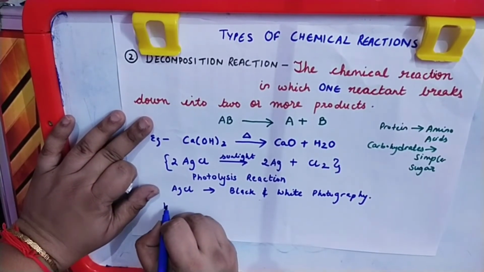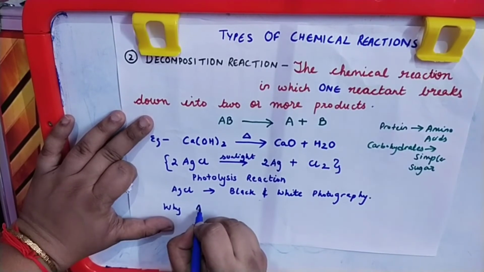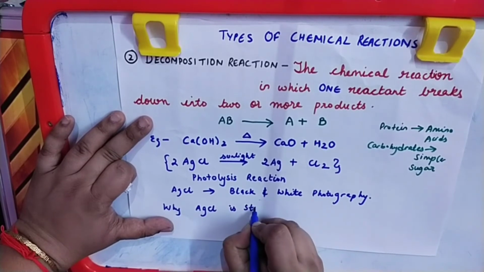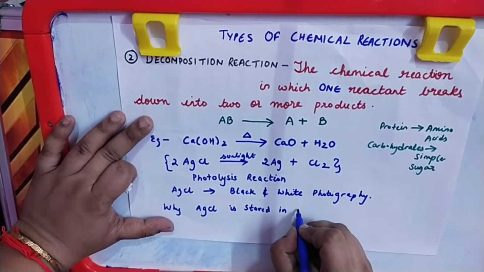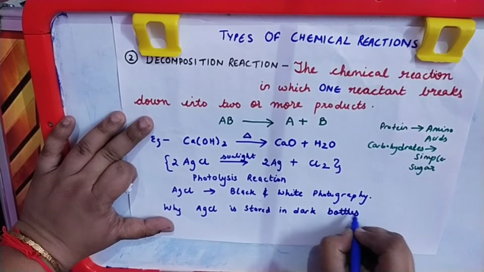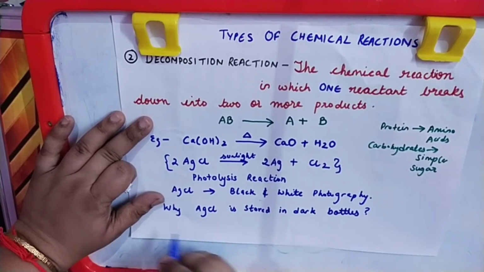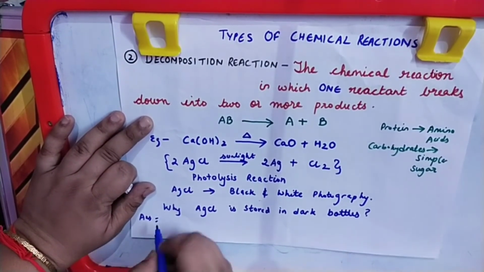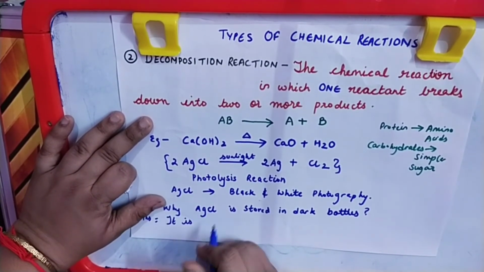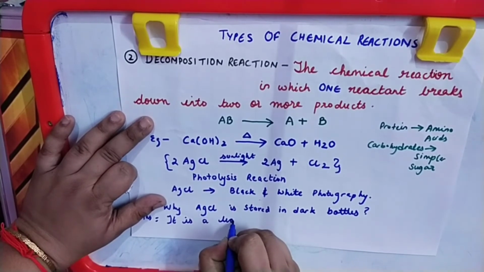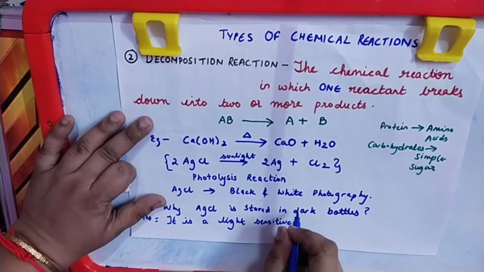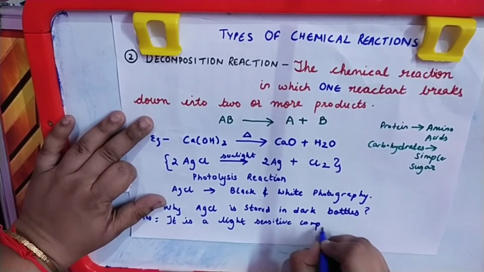So, I am writing this down: why silver chloride is stored in dark bottles. The answer is, it is a light sensitive compound.